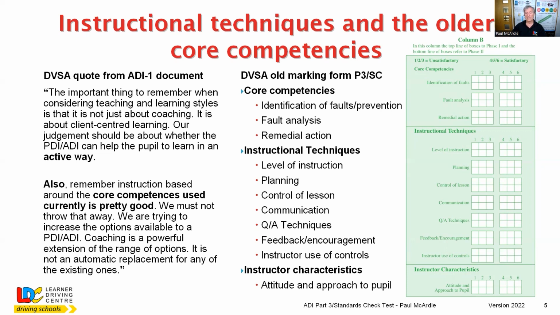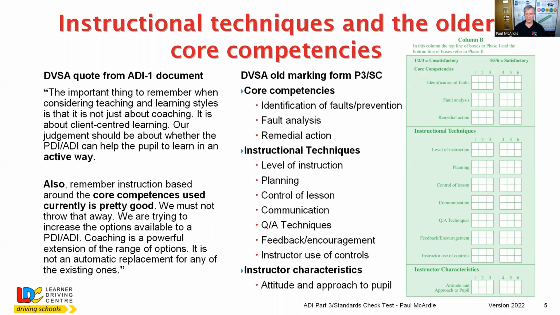Finally, on the instructional techniques is the use of the dual controls, or in fact any of the controls that you can reach easily by hand, primarily in the case of an emergency, or where not to do so would potentially put everybody at risk. So they're the different instructional techniques that they're referring to that are still in play and are still effectively being tested.